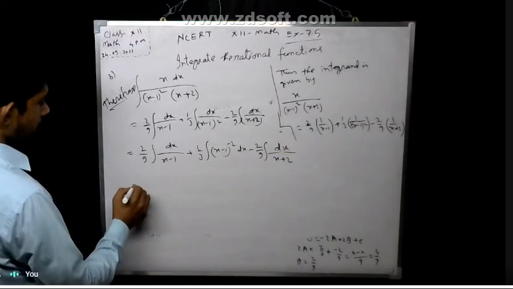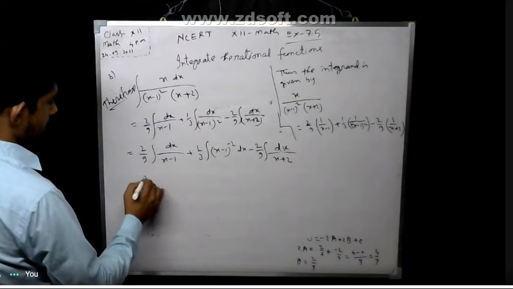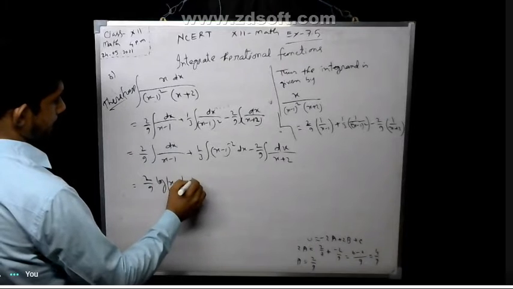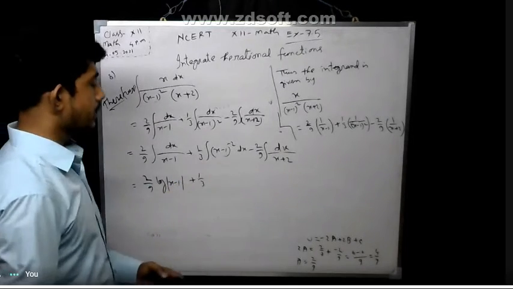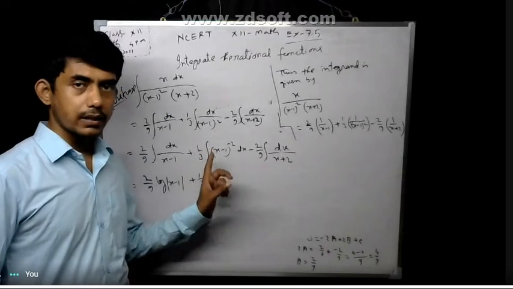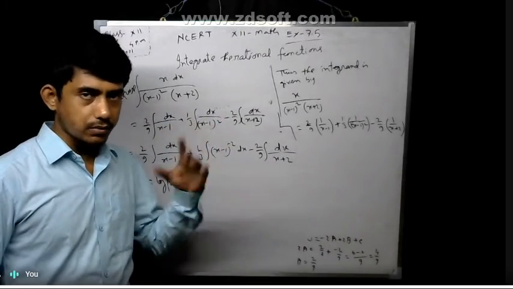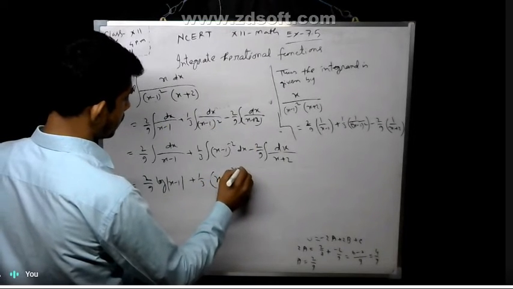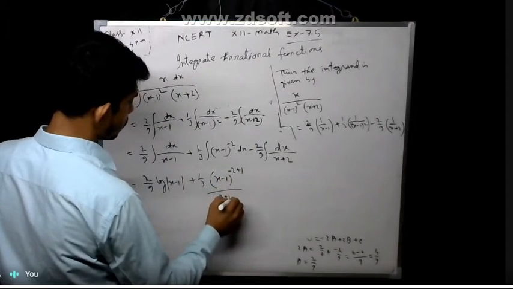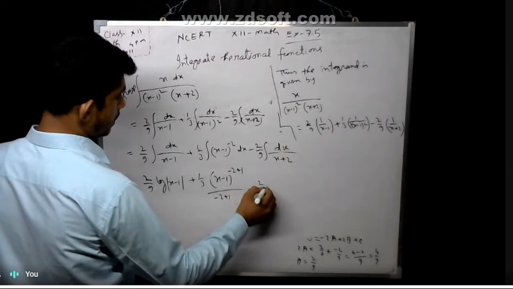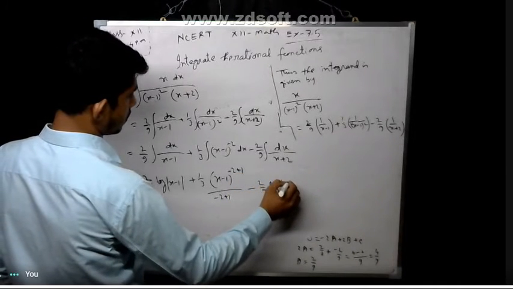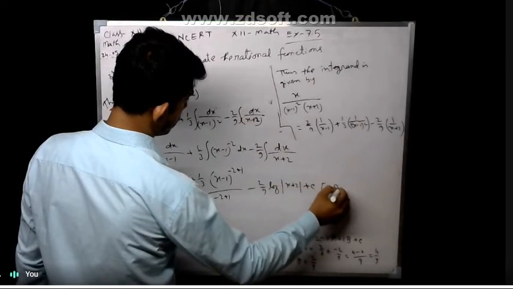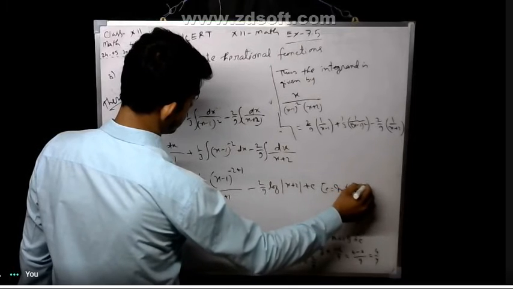Then it is 2 by 9 log (x minus 1) plus 1 by 3. It is x to the power n, x to the power n means x to the power n plus 1 by n plus 1. So (x minus 1) to the power minus 1 by minus 2 plus 1, minus 2 by 9 log (x plus 2), plus C, the integration constant.